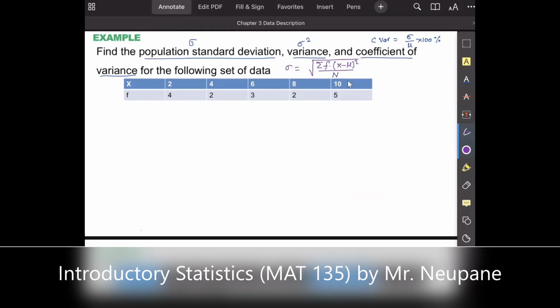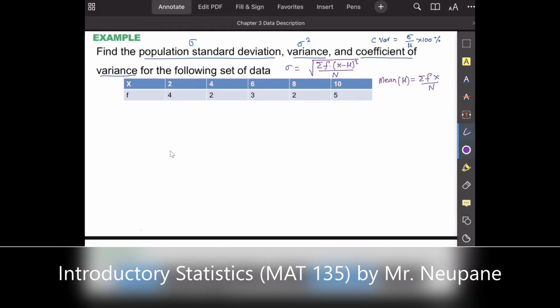So you can see here, we have the mean, and for the group data, in order to find the mean, if you remember from the previous class, mean for the group data is the sum of f times x divided by n. So they have this x, they have the f, but we don't have f times x. So first we need to find that.